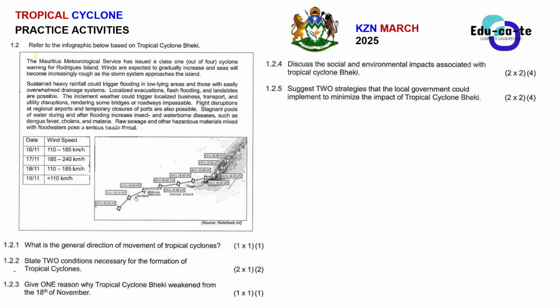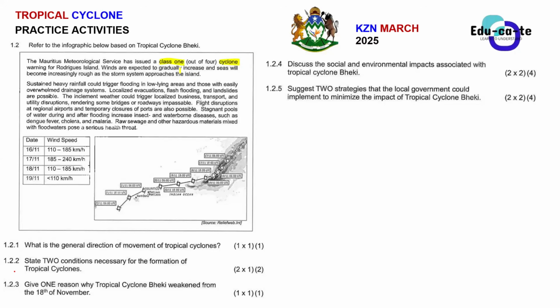So the Mauritius, I think you can see from here. I'm not sure if you can see, or I need to zoom in, but I won't be able to highlight. The Mauritius Meteorological Service has issued a class 1 out of 4 cyclone. It's more like levels of a cyclone.